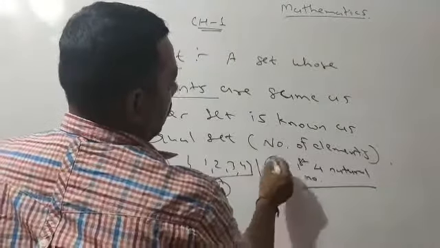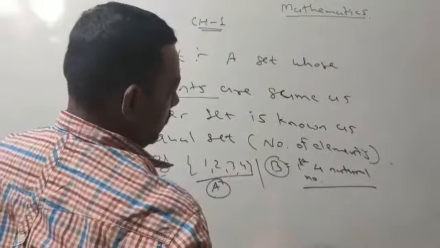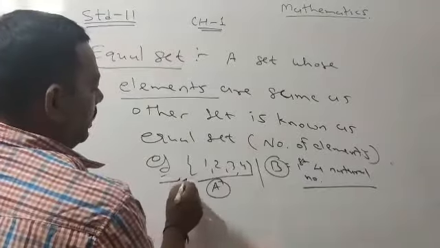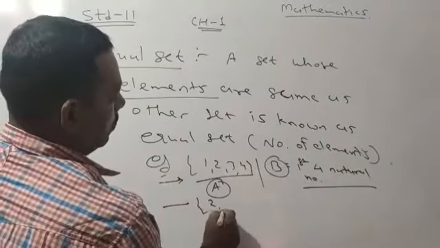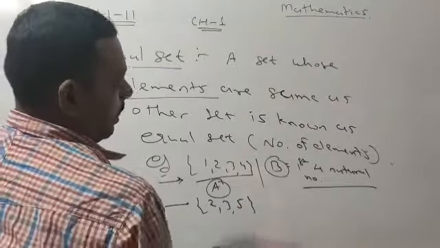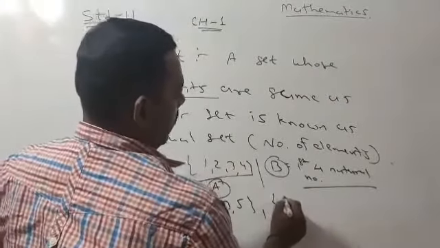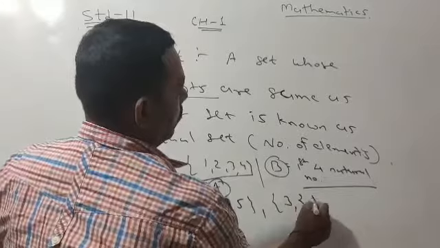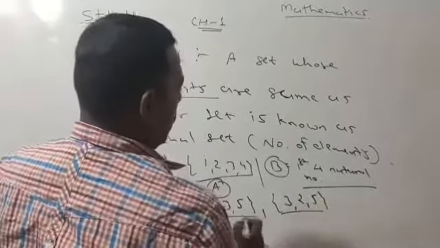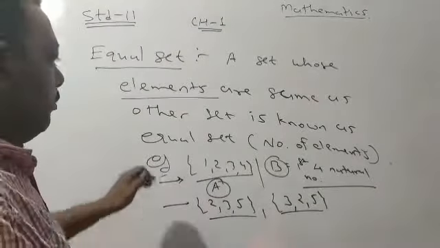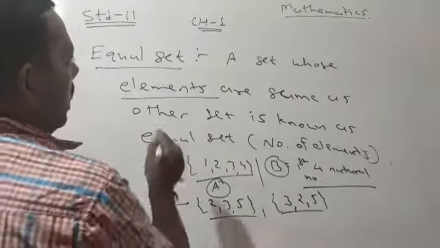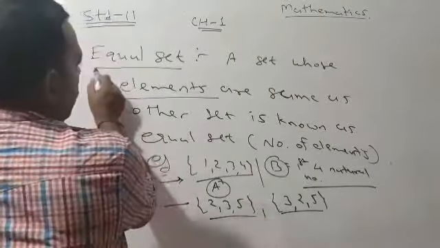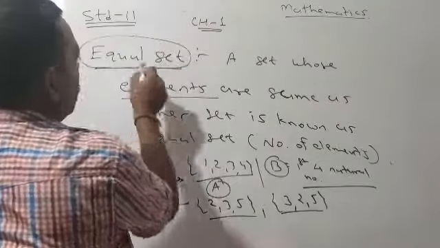So set A and set B are the same set. I think in the last to last class, we wrote one example. 2, 3, 5 are prime numbers, and if someone writes 3, 2, 5, then also they are the same, meaning elements are the same, even the number of elements is the same. So this kind of sets are known as equal set.